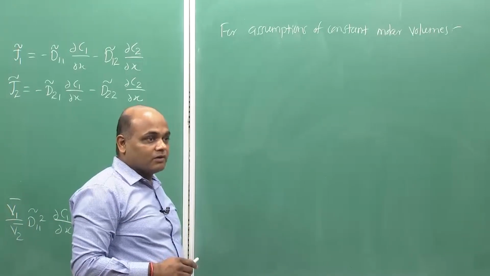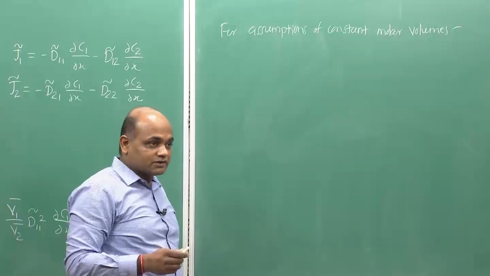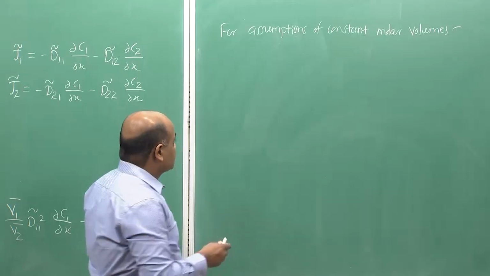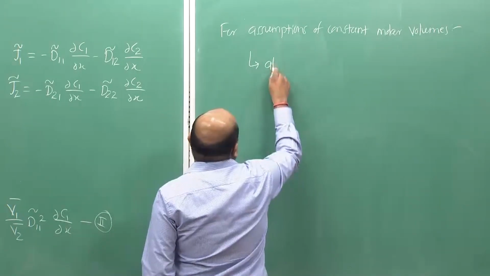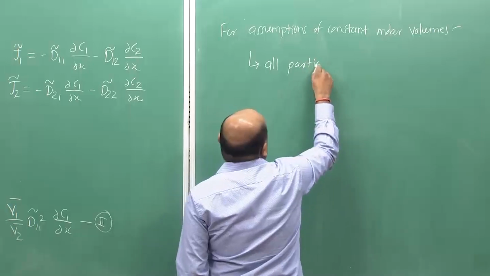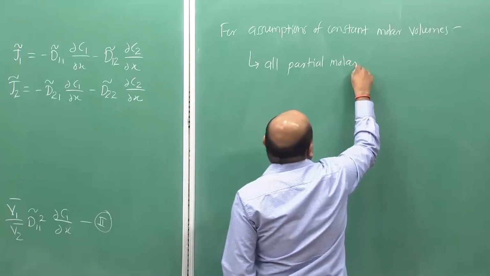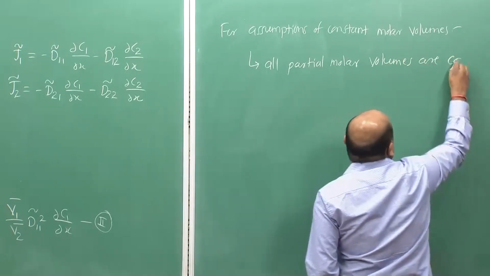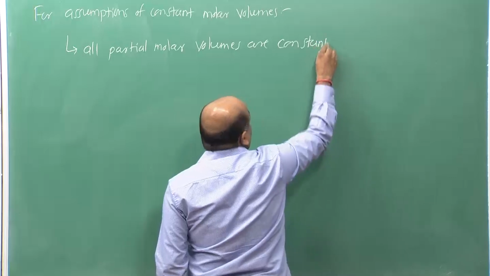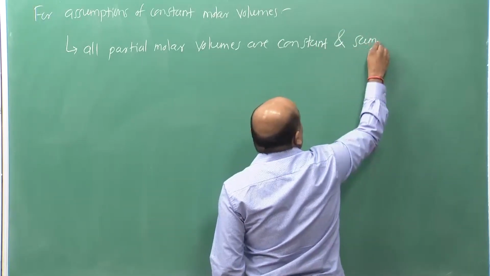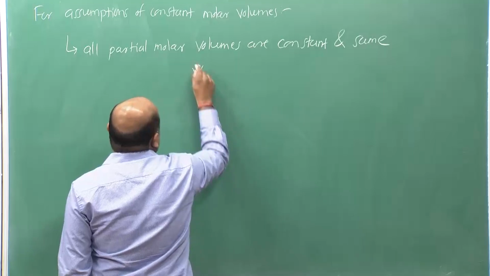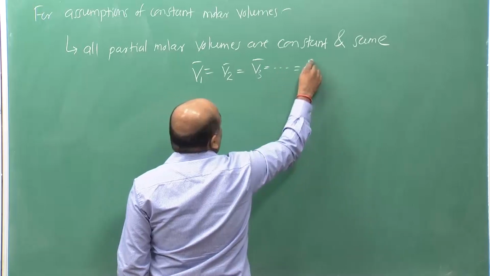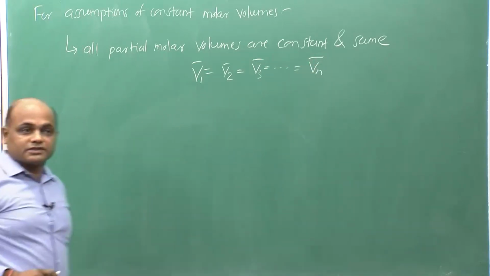It implies that all the partial molar volumes are also constant and the same. Okay. You can show this. That means V1 bar equal to V2 bar equal to V3 bar for an n component system.